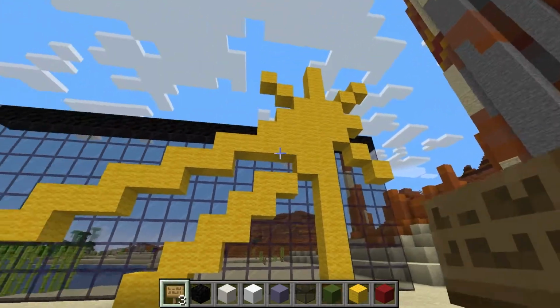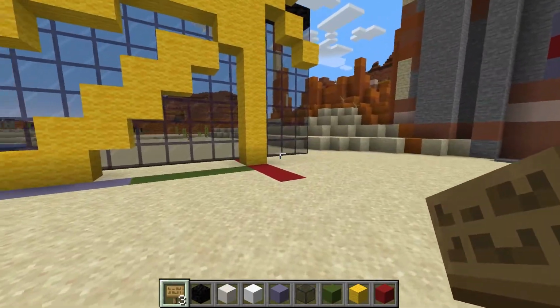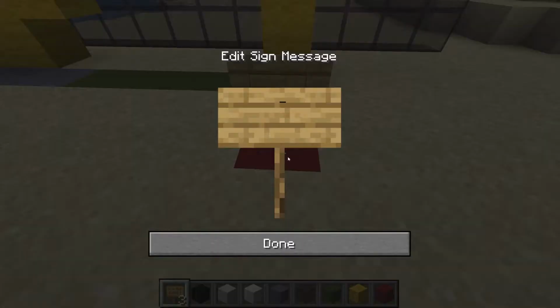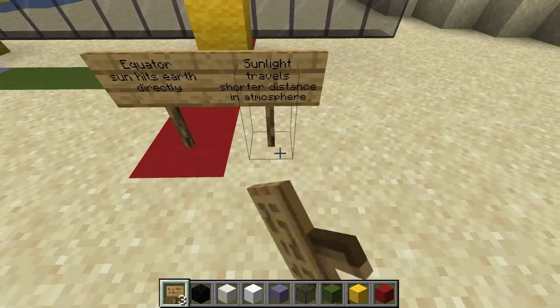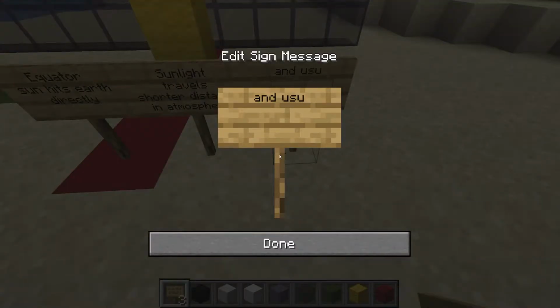Okay, now let's repeat that with some signs. So, at the equator, sun hits Earth directly. Sunlight travels a shorter distance in atmosphere and uses all its energy to heat up a small area.